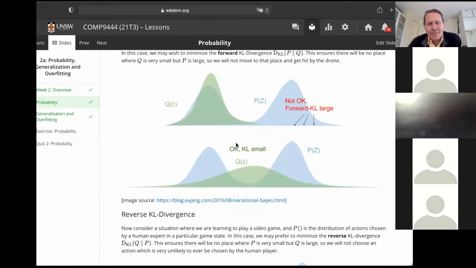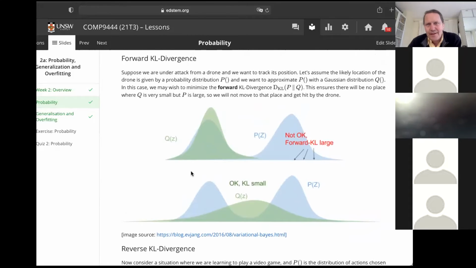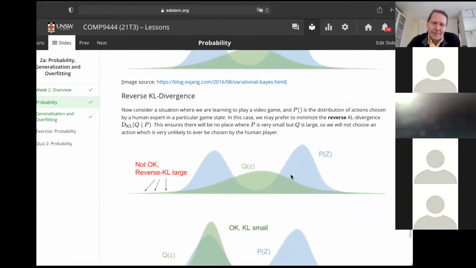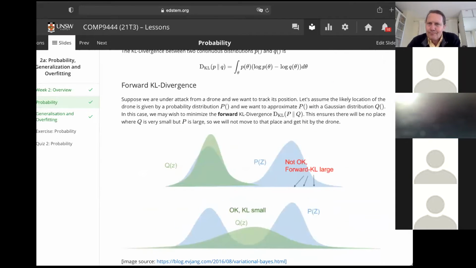I took these pictures from the blog, obviously, that in some situations we try to minimize the forward KL divergence and sometimes the reverse KL divergence. And I've tried to explain the difference between the two.